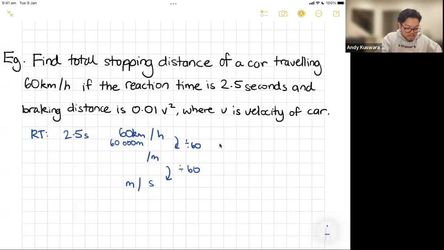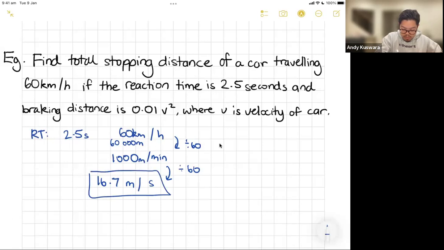Okay, so divide that by 60, 60,000 divided by 60, that's a nice 1,000. So that's 1,000 meters per minute. And then divide that by another 60 to get meters per second. That's going to give us 16.7 meters per second.